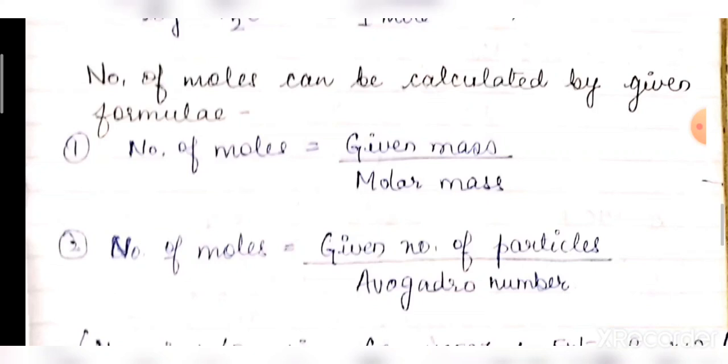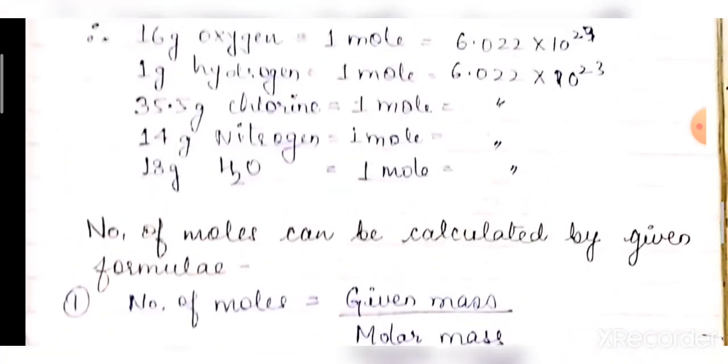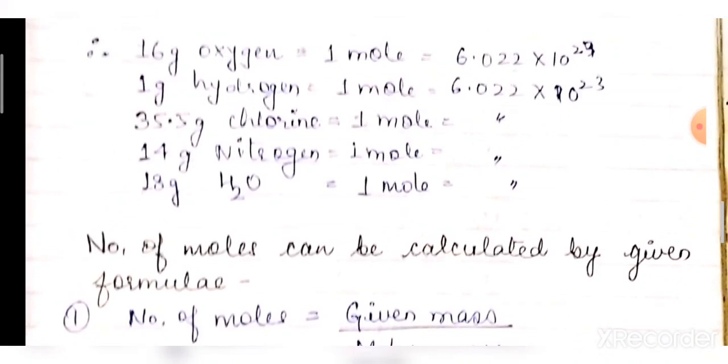You can solve them and go through them. If you face any doubt, you can ask me. So after this topic, we are completed with chapter number 3, and we'll be doing the question answers then.